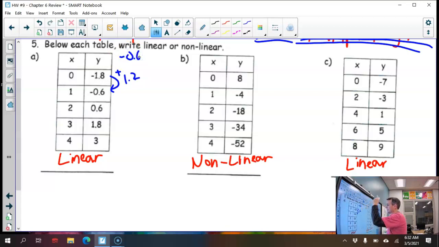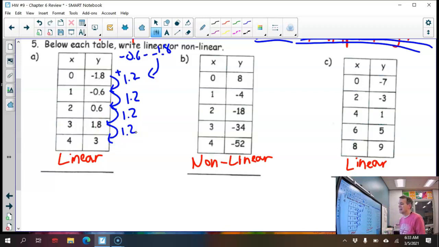Negative 0.6 minus negative 1.8 is how I got the 1.2. And then from negative 0.6 to 0.6 is also 1.2. And this is also 1.2, and this is also 1.2. So because it's going up by the same amount each time, it's linear.